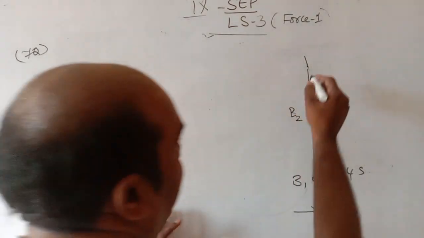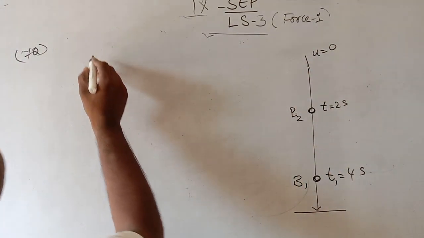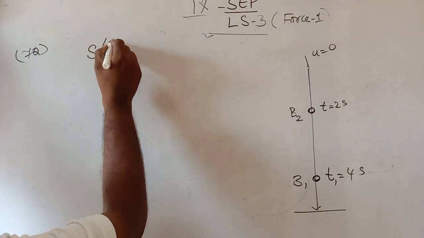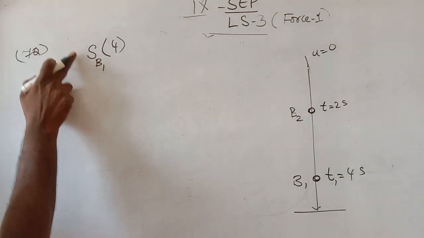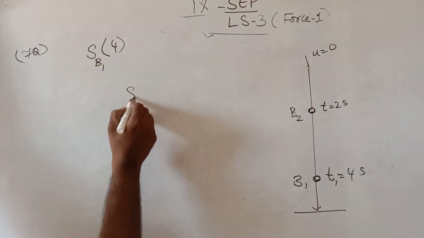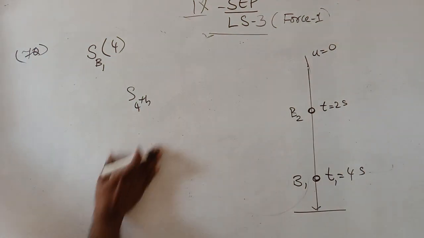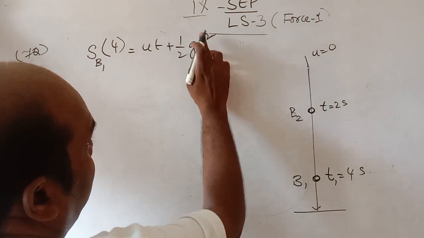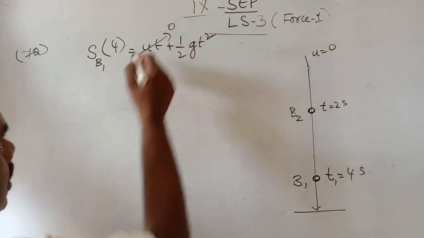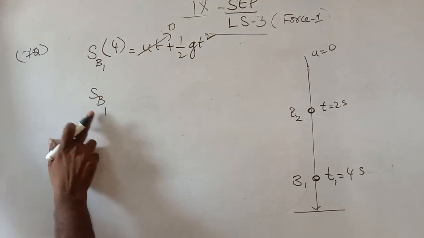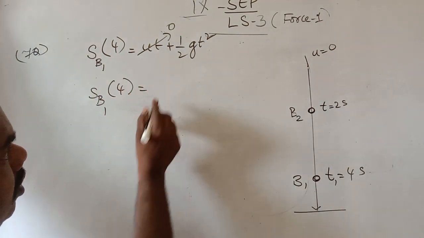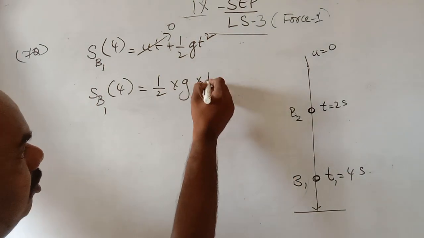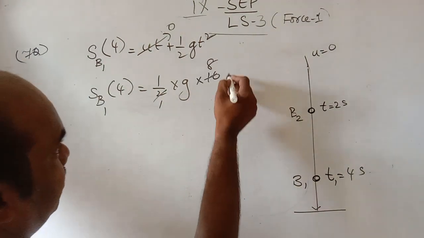Now no need to worry about this. Both are freely falling, so initial velocity is 0. Now we will find the distance traveled by ball 1 in 4 seconds. This is the way of writing: the distance traveled by ball 1 in 4 seconds, with 4 seconds as a suffix. Use ut plus half gt square, the standard formula for a freely falling body, with u equal to 0. SB1, the distance traveled by ball 1 in 4 seconds, equals half into g into 4 square. 4 4s are 16, half of 16 is 8, which is equal to 8g.